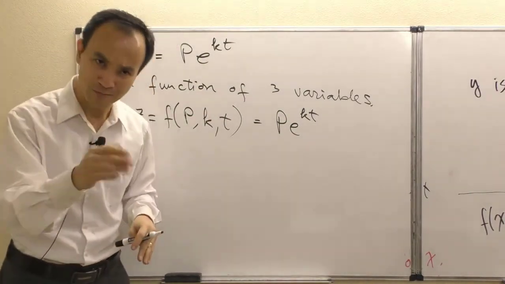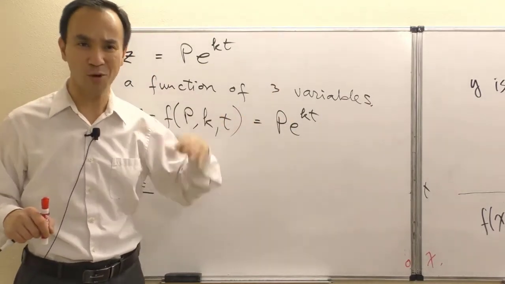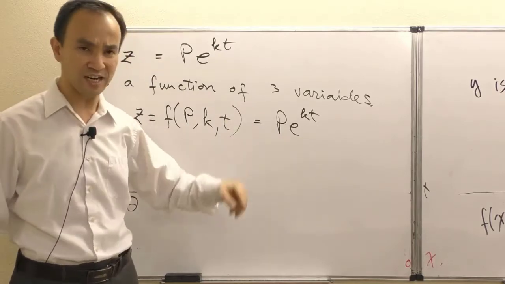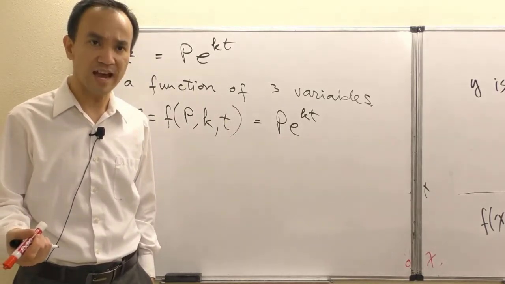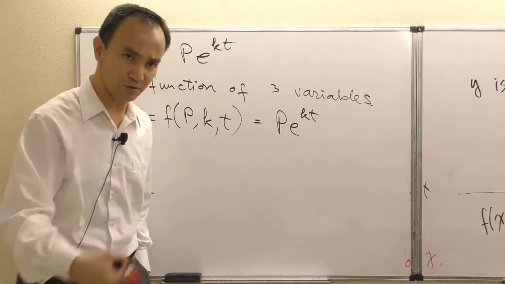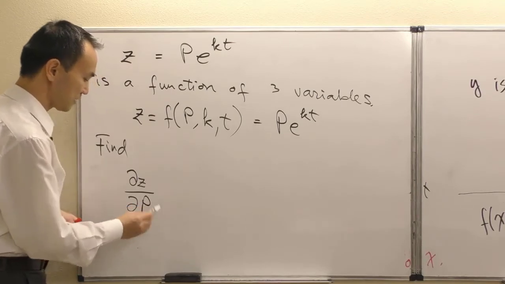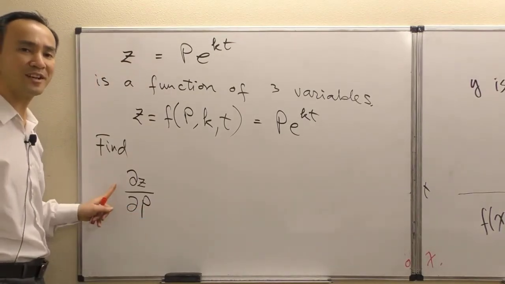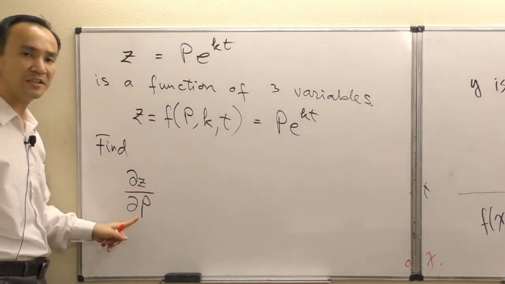I purposely brought it in like that, so no one's mind is tied down to x being the variable. We've got all of these letters right here, and any one of them can be a variable. So I can just make my choice right here: dz, dp. It's the partial derivative of z as a function, in terms of the p variable.